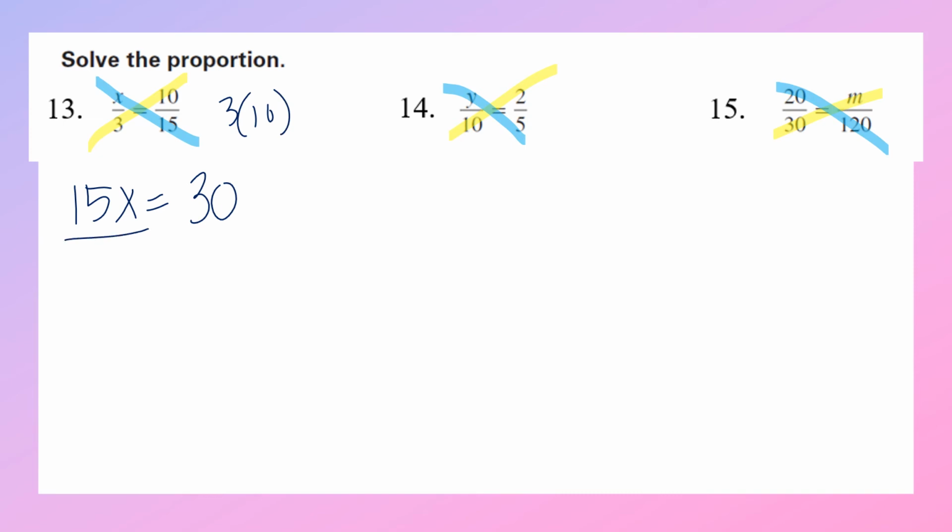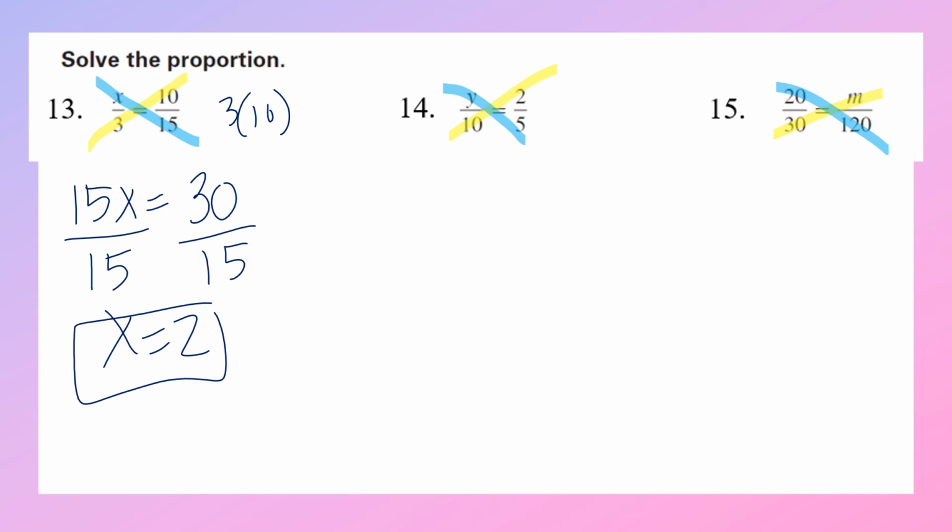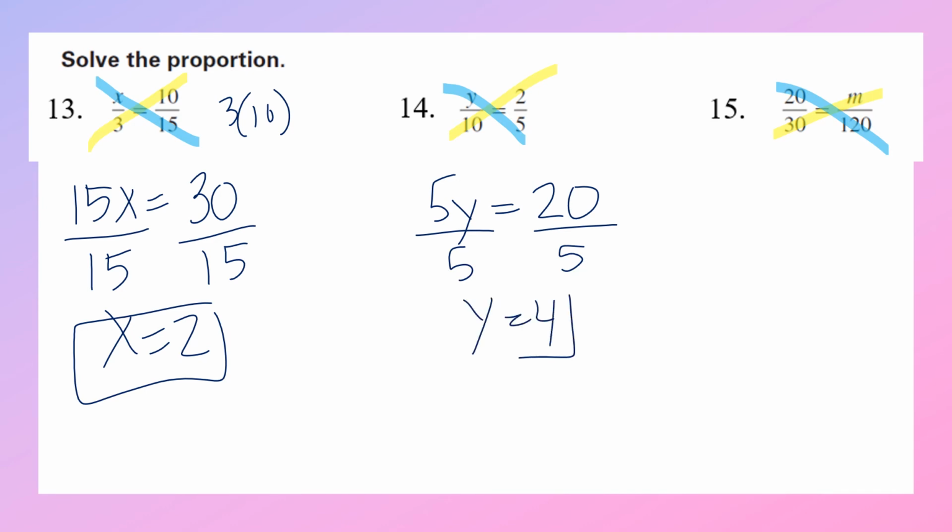So to solve for x then, we divide both sides by 15, and we get x equals 2. For 14, it's the same way. You're just taking the two things and multiplying them together. 5 times y is 5y, 10 times 2 is 20. And then you'd solve like you normally do. Divide both sides by 5, y equals 4.